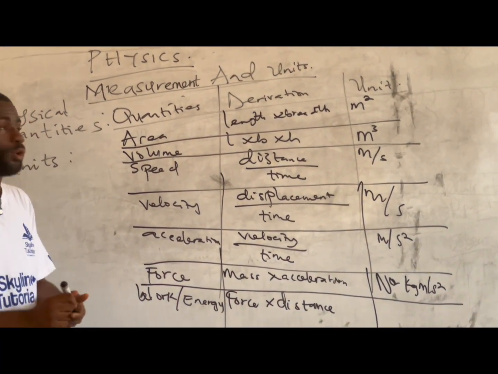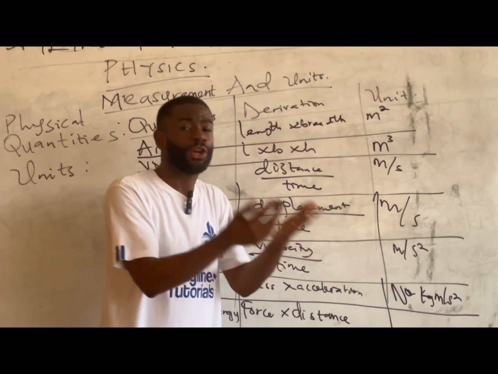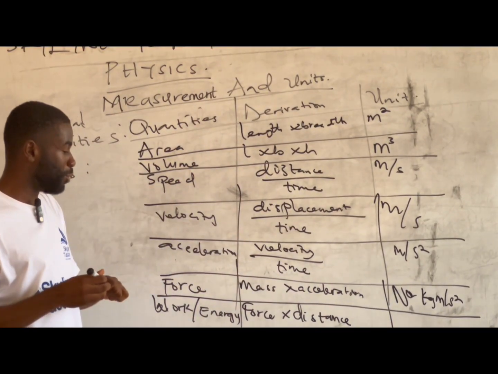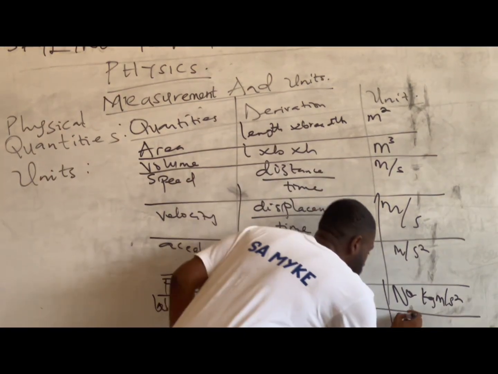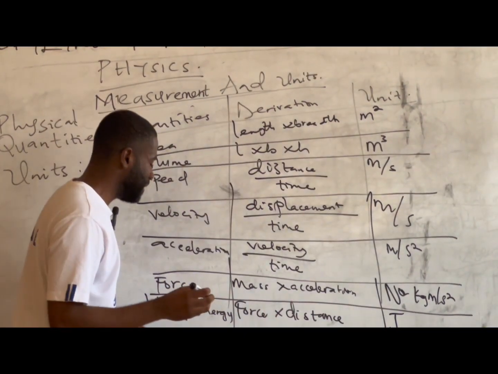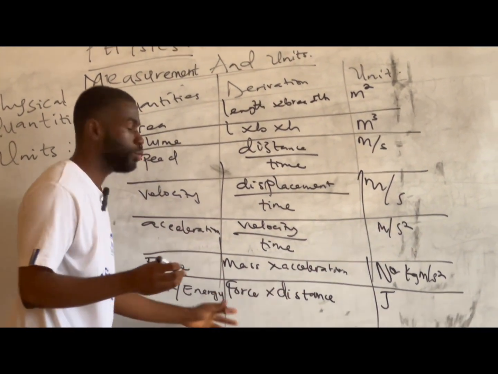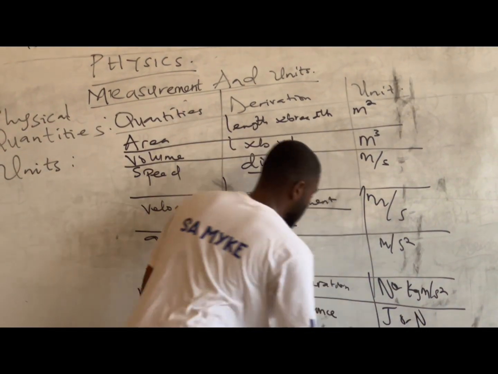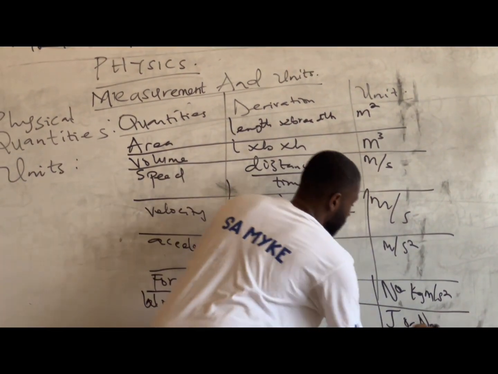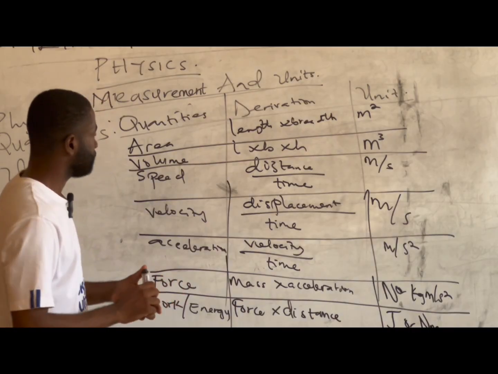Like I said, for work to be done, there must be an application of force, not just that a distance must be made. So the unit for work done or energy is joules. You can also get the unit from the combination of these two quantities, which is Newton for force and meter for distance. Take notes of that.